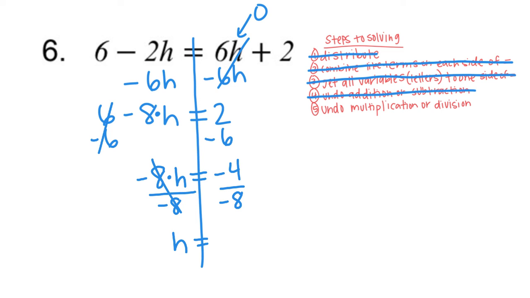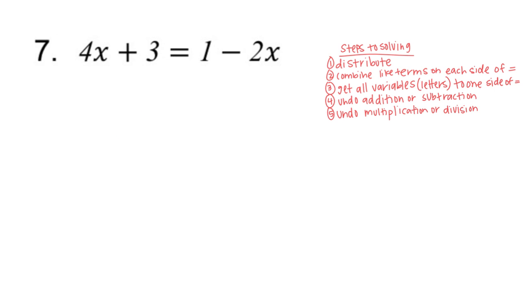Oh no, it gives us a decimal. So hit that math, enter, and make it into a fraction, which gives you a +1/2. So now we have h all alone, so we are done.